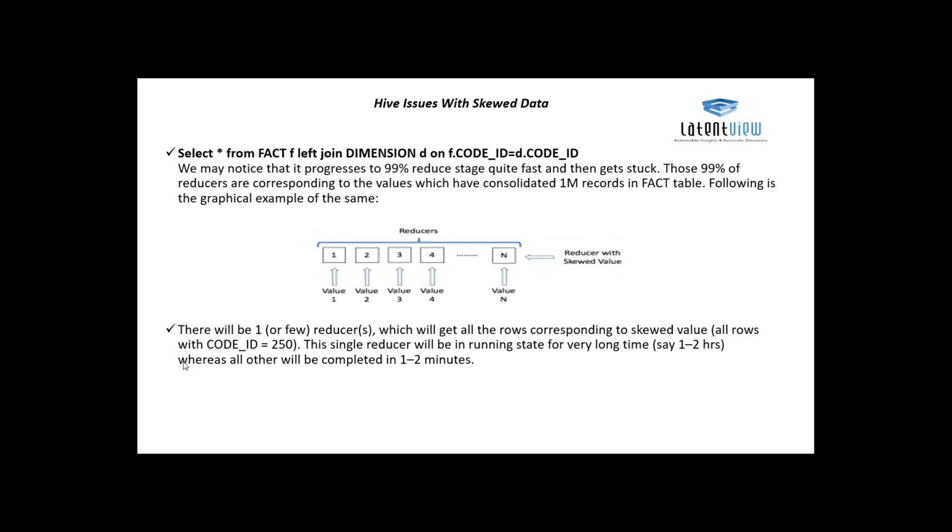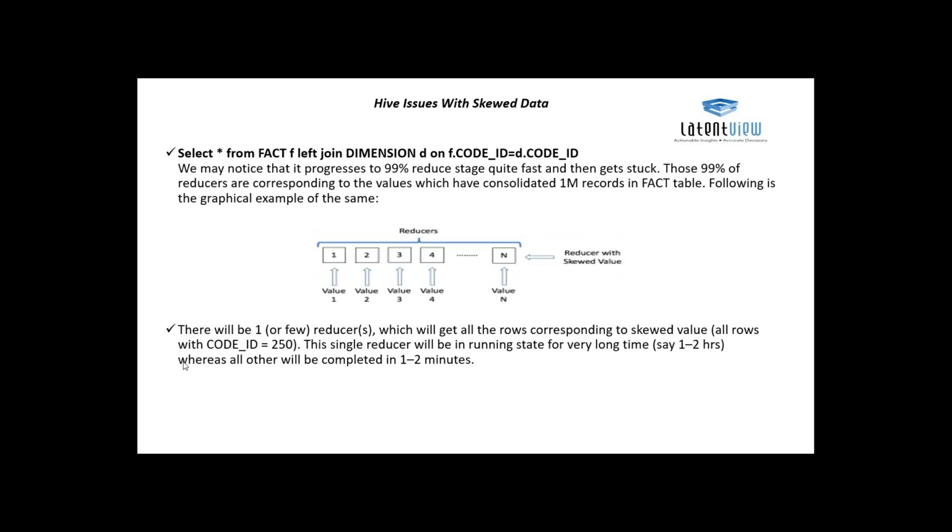Reducers 1 to 99 will run very quickly in 1 or 2 minutes, and the reducer which has that particular code ID 250 will be running for 1 hour, 2 hours, 3 hours. And we will be thinking, okay, it is because of some input output IO issue or Hive connectivity issues because of which this is happening. Internally, no. Internally this is happening because of the skewness of your data.